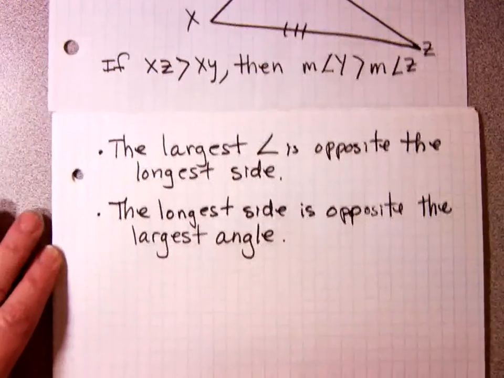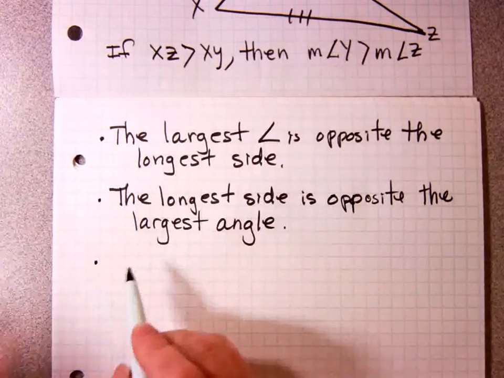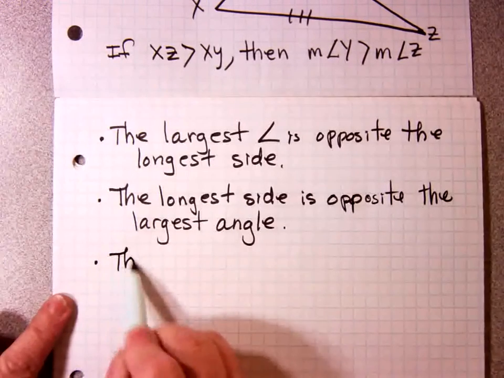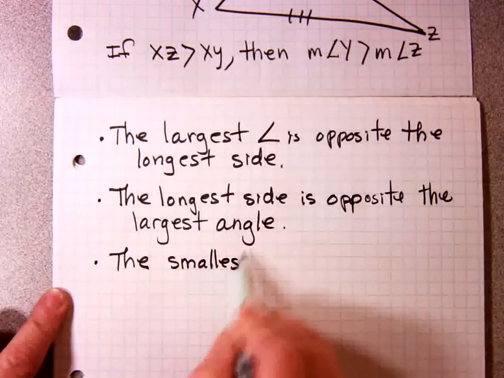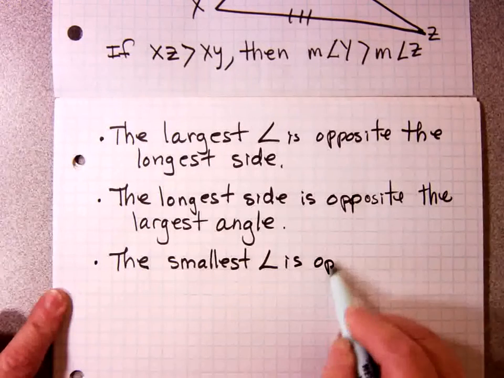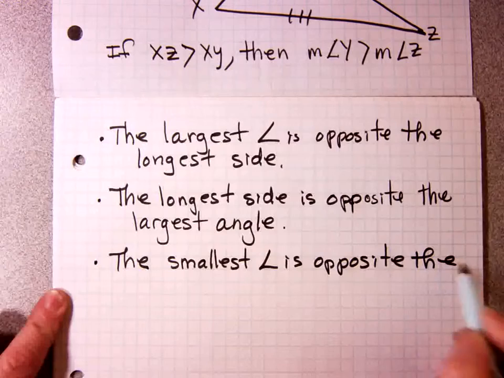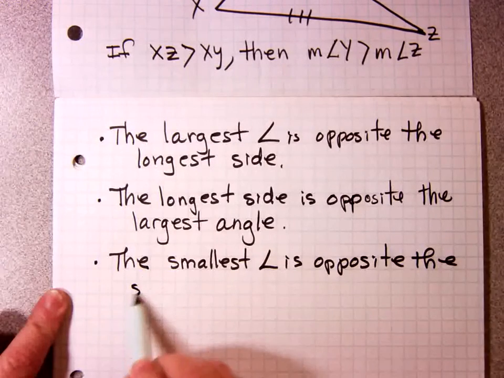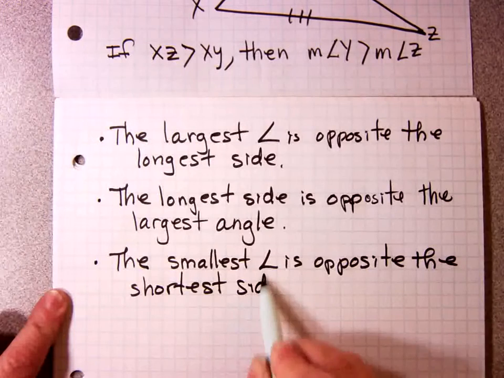A couple more things actually follow from this, and that would be that the smallest angle is opposite what? Does anybody want to guess? It's opposite the shortest side.